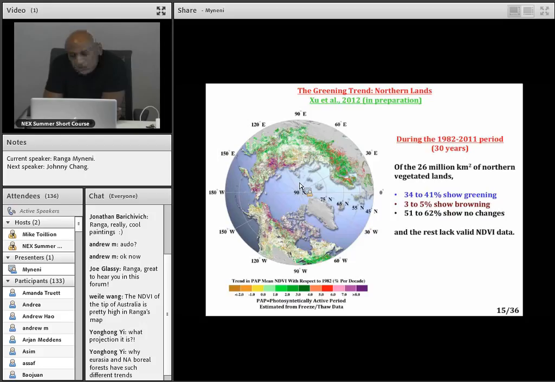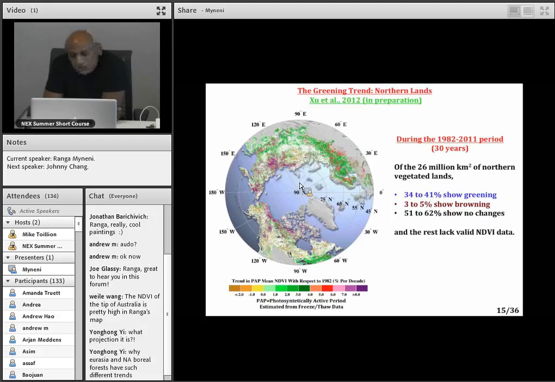The obvious question: that is just an inference from analysis of data. Now we have to interpret that inference. And why is the North greening? I will give you a simple explanation and a more realistic explanation.